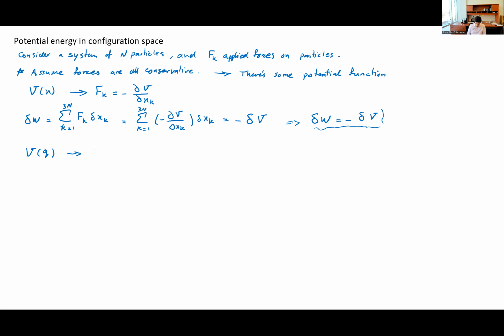In this case, the differential of V is the sum over j equals 1 to n, since I have n generalized coordinates, of partial V partial q_j times the virtual displacement along q_j, δq_j.